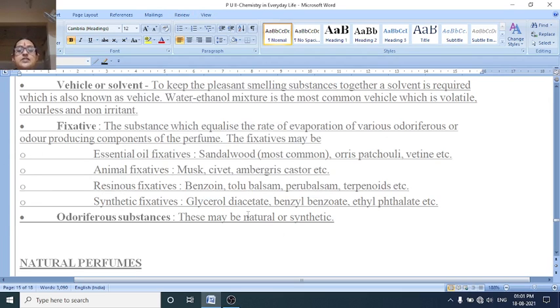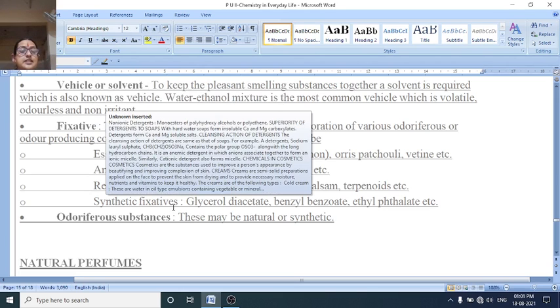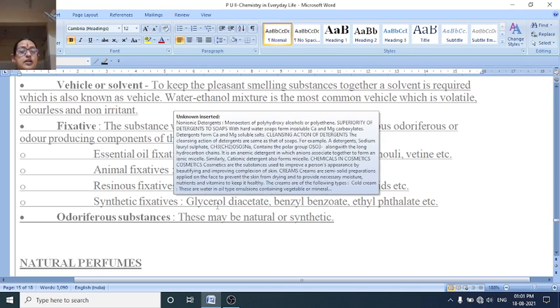Essential oil fixatives can be sandalwood, vetiver, orris, then fat oil; animal fixatives are musk; resinous fixatives are benzoin, tolu balsam; then synthetic fixatives are glycerol diacetate.